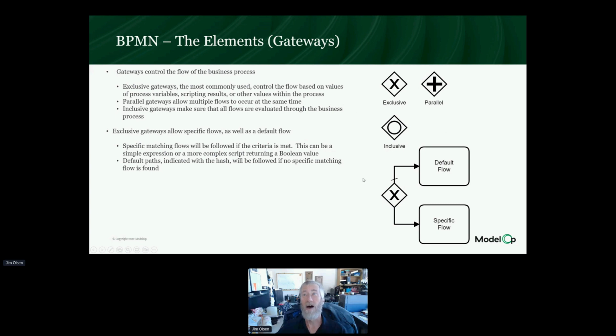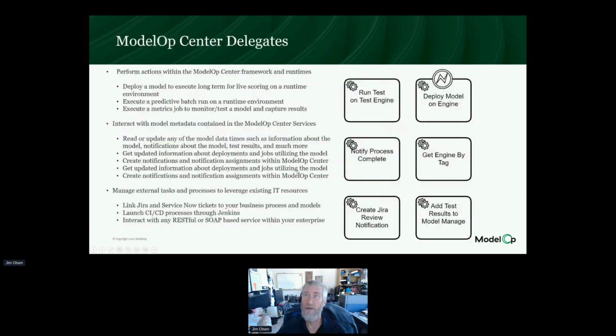As you'll see, our gateway has specific flows where you can specify a script or a specific expression to evaluate a variable, and based on the results, choose that flow. You can also specify a default flow if there are no other matching conditions. So you'll see that within these definitions as well.